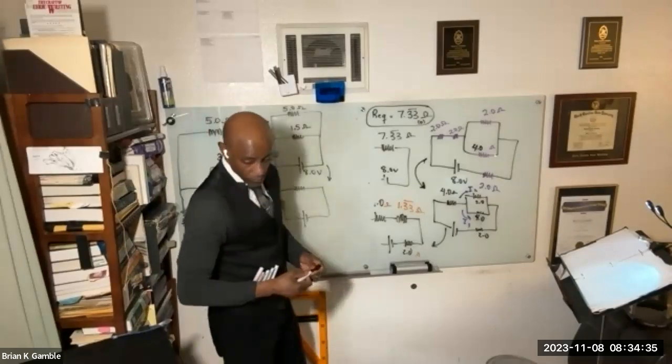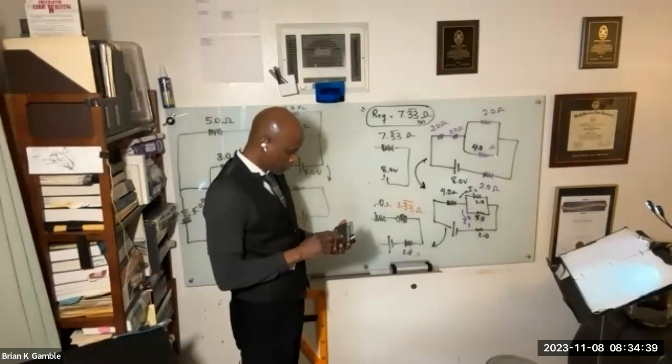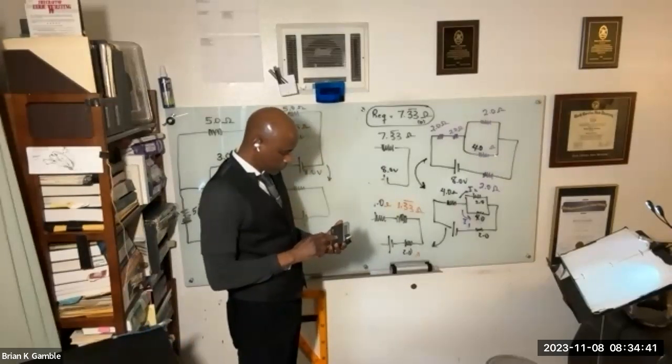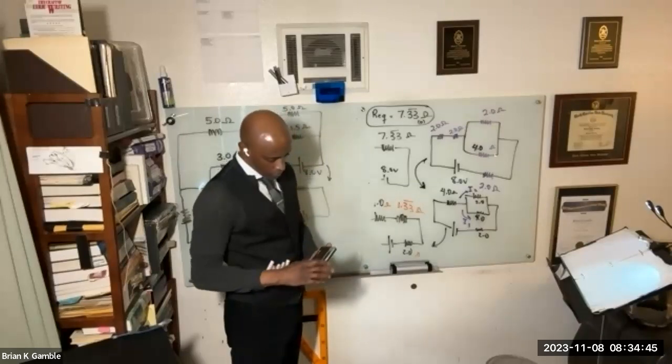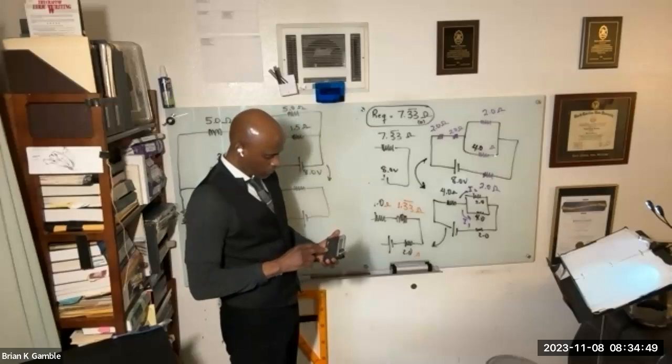So 1/5 plus 1 over 1.5. Reciprocal again, like 1.15 something.